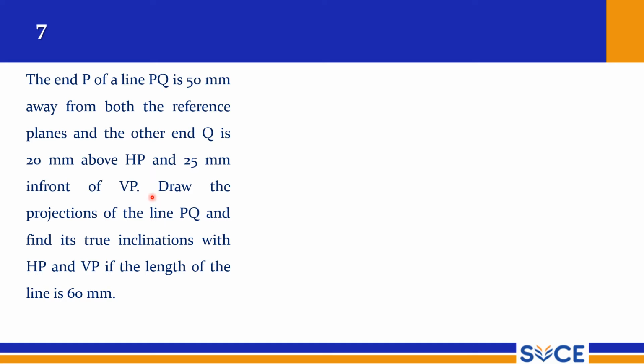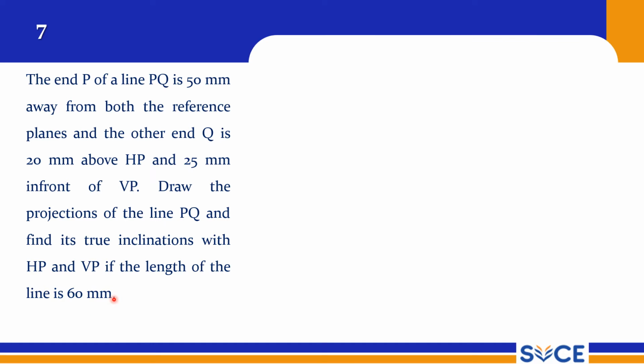So it is very easy to solve this kind of problem, even though there are no inclinations given, because the true length is known and the end positions are also known. So the locus of Q will be obtained very easily, right? Q dash and Q. So we will start the problem.